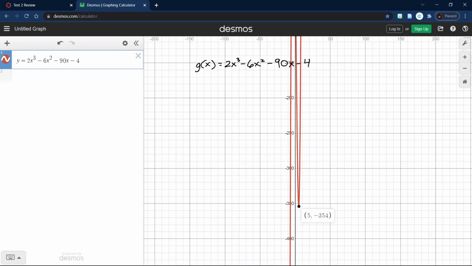Careful. Which one's our y value? Negative 354. Yeah. So our minimum is negative 354 at x equals 5. And that's usually how it shows. And when we switch back, we'll see that.